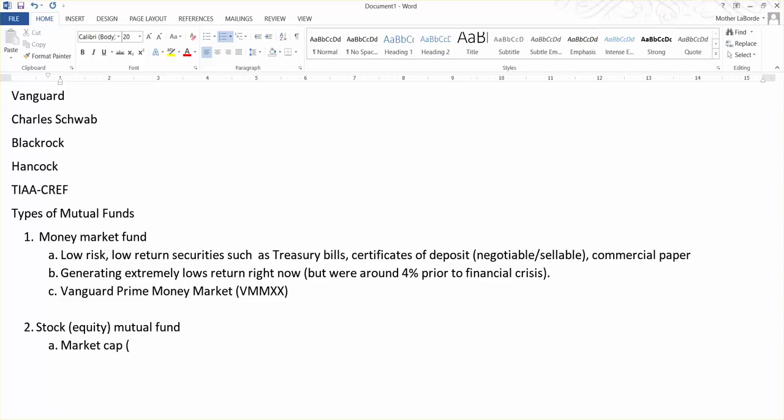So it can be a small cap fund, a large cap fund, a mid cap fund. It could even be a micro cap. I don't know that I've ever seen a giant cap, but a large cap fund would also have giant caps in it. Or you could have an equity fund that's diversified across all different market caps.